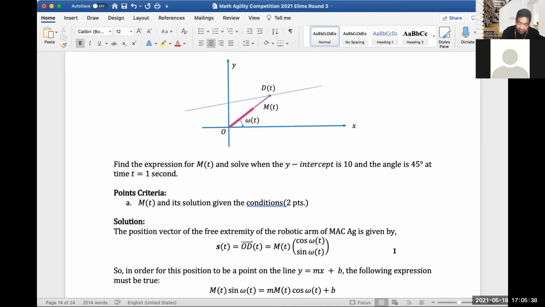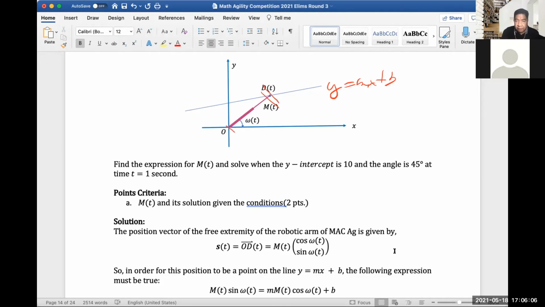So that is from O to D. That's the full extent or full extremity of the robotic arm at the boundary of the line, the blue line, which is y equals mx plus b. So that's OD from here up to here, right? Oh, sorry, up to here. And that would be m(t).